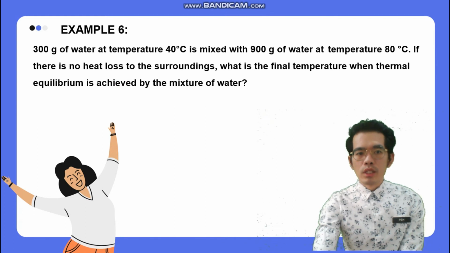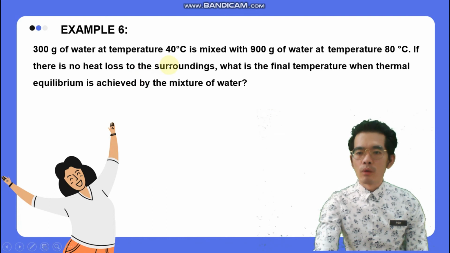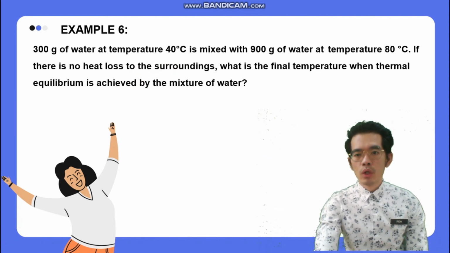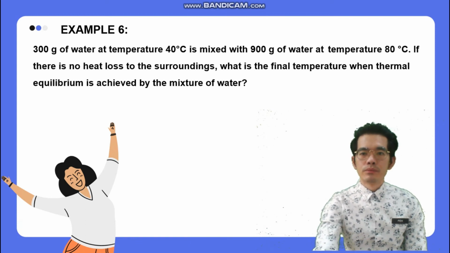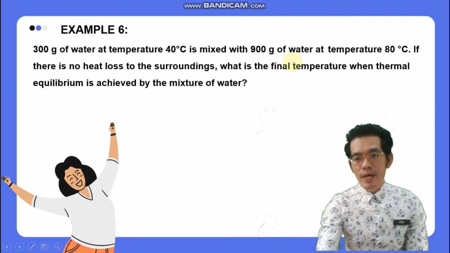When thermal equilibrium is achieved, the final temperature for both cups of water will be the same. So we can assume the final temperature is X. Definitely the final temperature must be higher than 40 but less than 80 degrees Celsius.